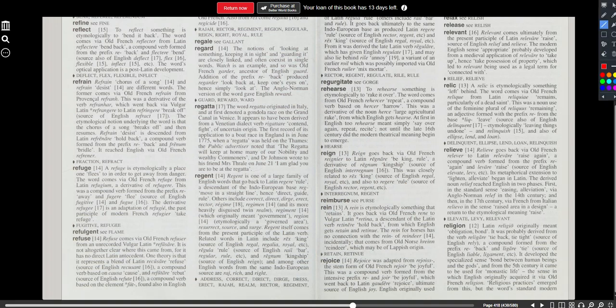So here we have, again, the word religion. What this particular etymological book does is give you more of a breakdown of the history.